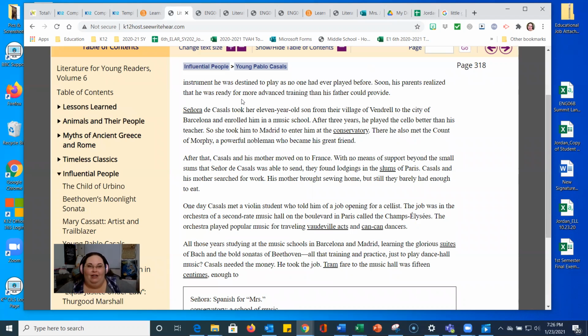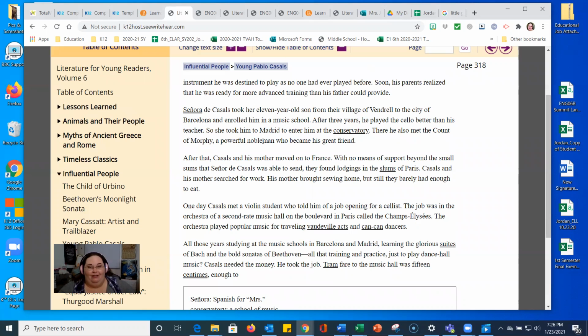Soon, his parents realized that he was ready for more advanced training than his father could provide. Senora, which is Spanish for Ms., de Casals took her 11-year-old son from the village of Vendrell to the city of Barcelona and enrolled him in a music school. After 3 years, he played the cello better than his teacher.